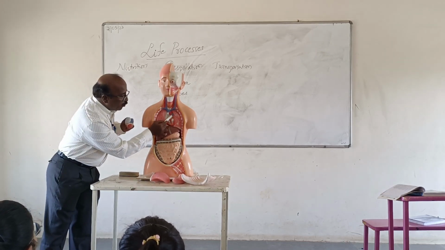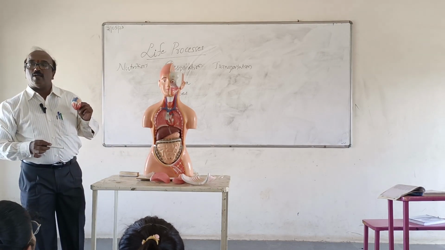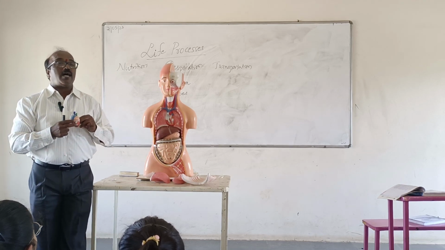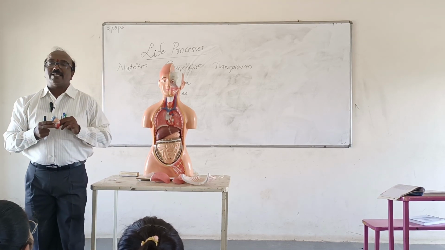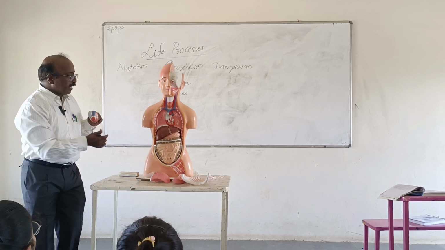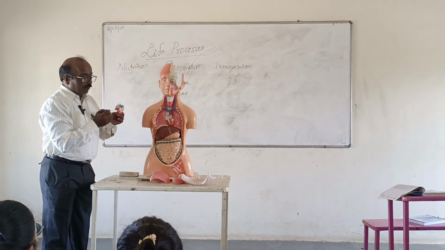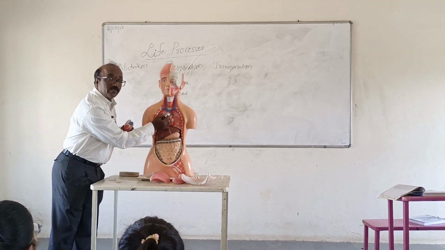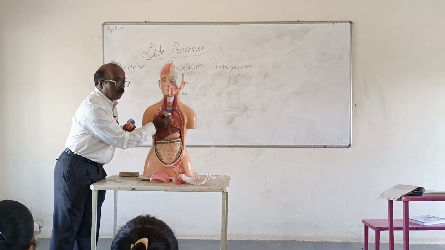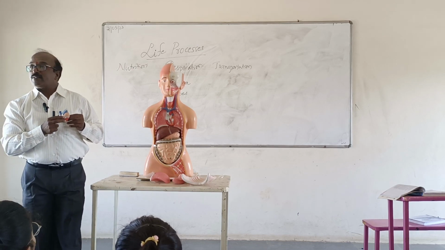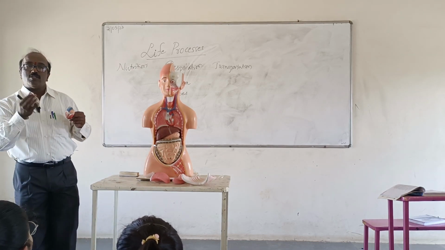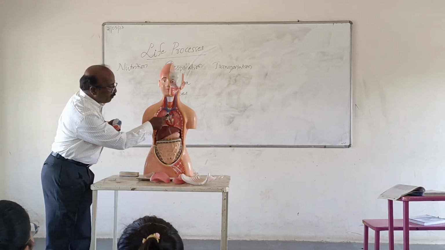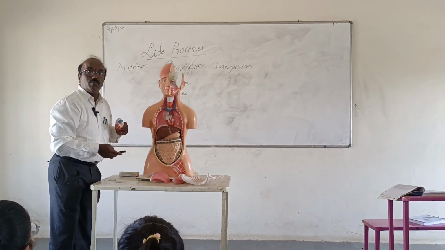Then there is the largest artery in our body, that is the aorta. The left ventricle pumps the blood into this. The openings of both have semilunar valves, and the semilunar valves close when the blood enters the respective blood vessel.